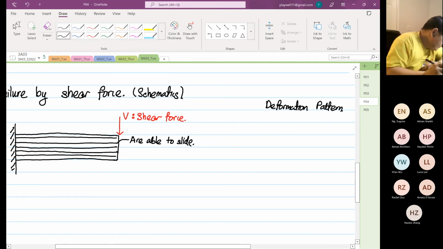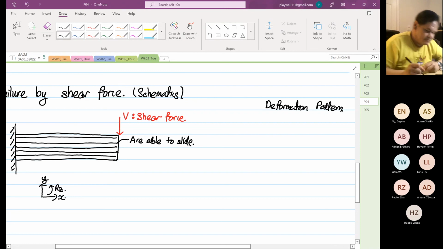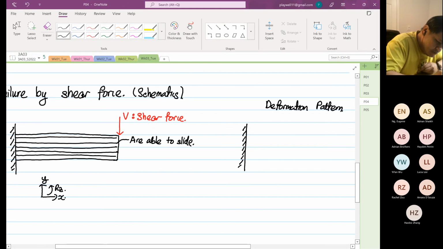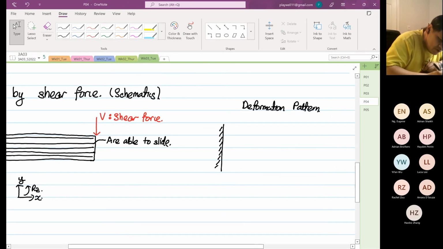And before I go on, I will draw our coordinates. This is X, Y. This is our rotation in our Z. Okay. So I'm going to now sketch our deformation pattern. And the deformation will look like this. Exaggerated.